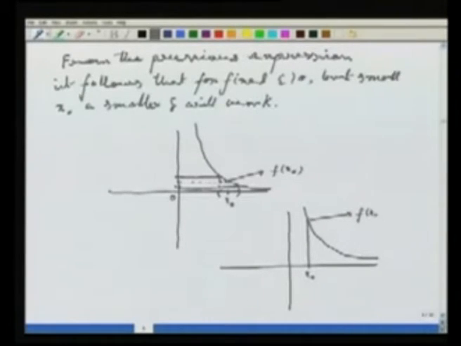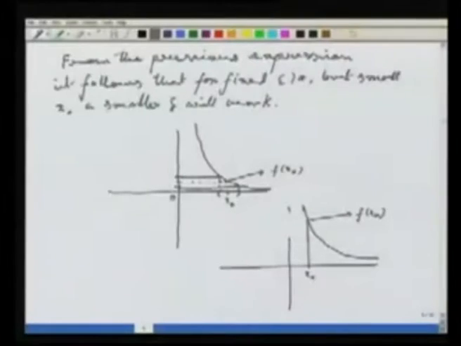It is much higher. That is obvious, because if x naught is small, then f(x naught) has to be big, because it is 1 by x naught square. Now I choose an epsilon around this, the same epsilon which I have worked with. So in the picture it will look something like this, the same epsilon band.